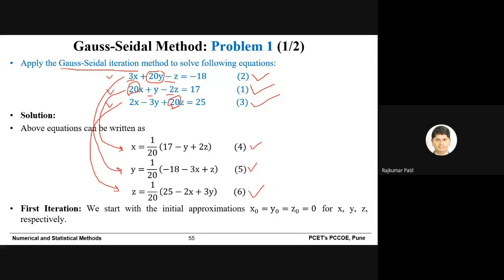And in the problem, the initial values of x, y and z are not given. So what we will do, we will assume x naught, y naught and z naught equal to 0 as initial approximations for x, y and z. With this assumption, we put y naught equal to 0 and z naught equal to 0, and you will get the value of x1.